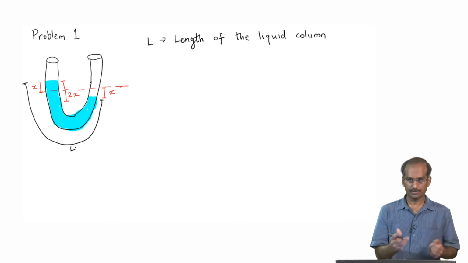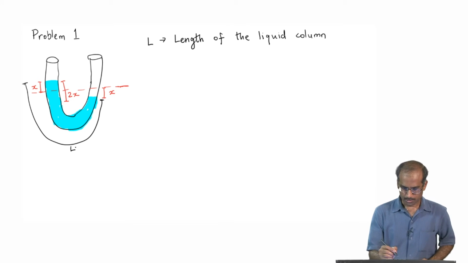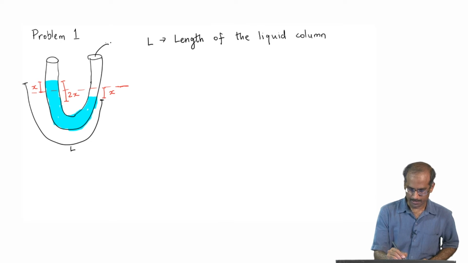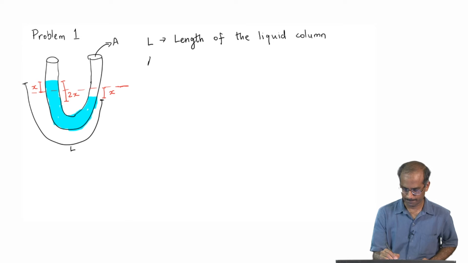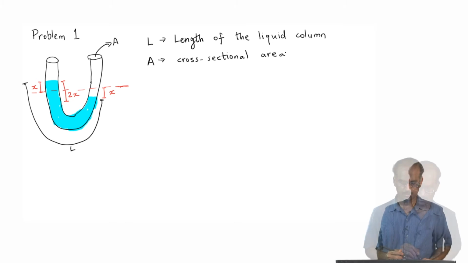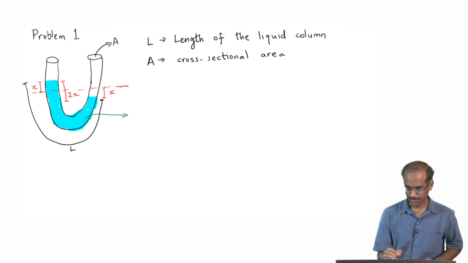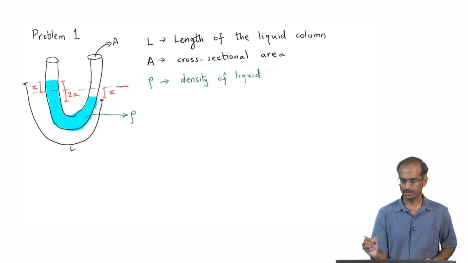So, this is the length if you make it horizontal, and let us also assume that the cross sectional area of the tube is A. Let us assume that this liquid has density rho. So, this is the density of liquid in the U tube.